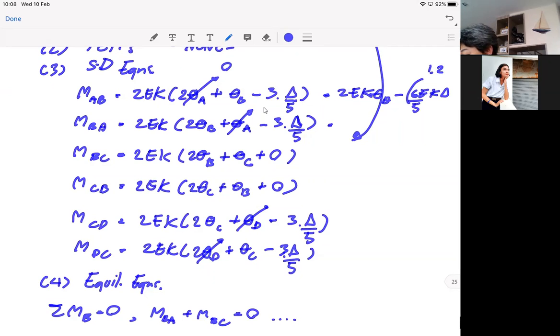And this is 4EK theta B minus 1.2 EK delta.